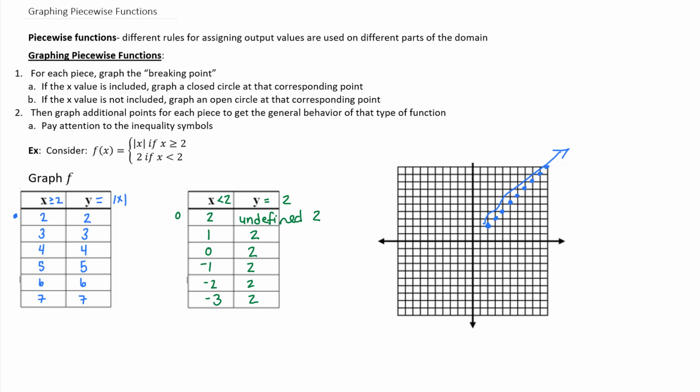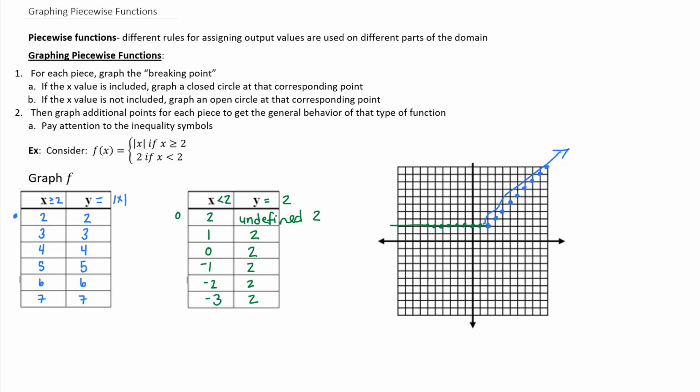And then 1, 2 is defined, 0, 2, etc. So you get this constant function, which is a horizontal line. So you get part of that horizontal line. And these will connect up because you have that little open circle there. So there's no gaps. That's why I do it that way.